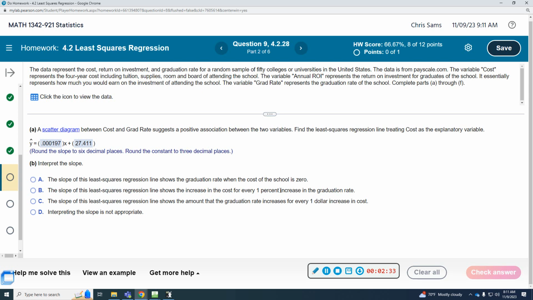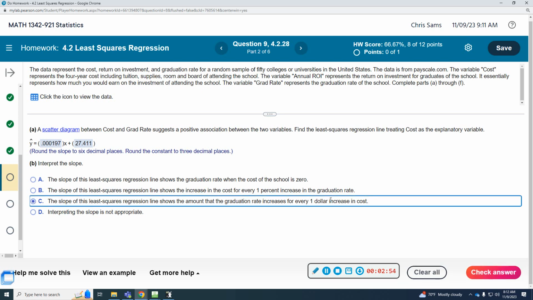Not appropriate. Shows the amount of graduation increases for every $1 increase in cost. It should say on average. Every increase in $1 would be the more correct explanation.